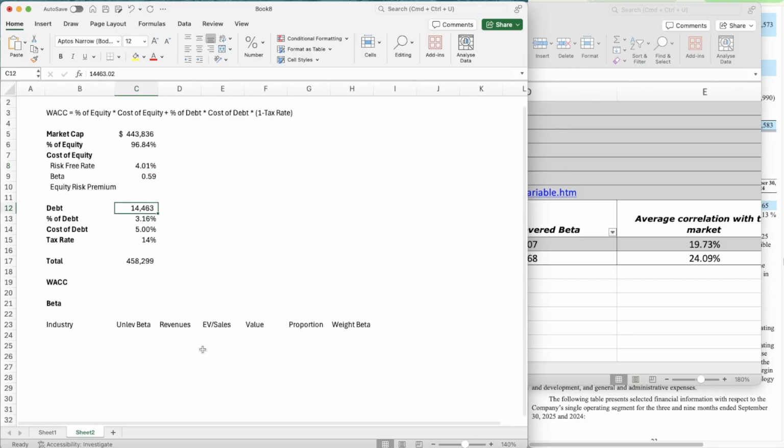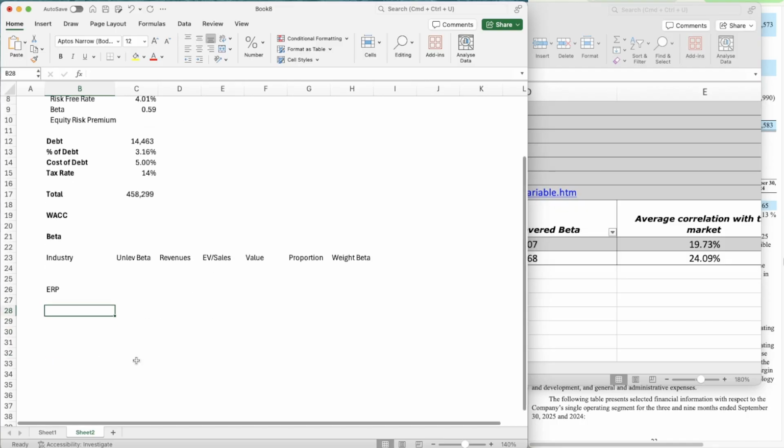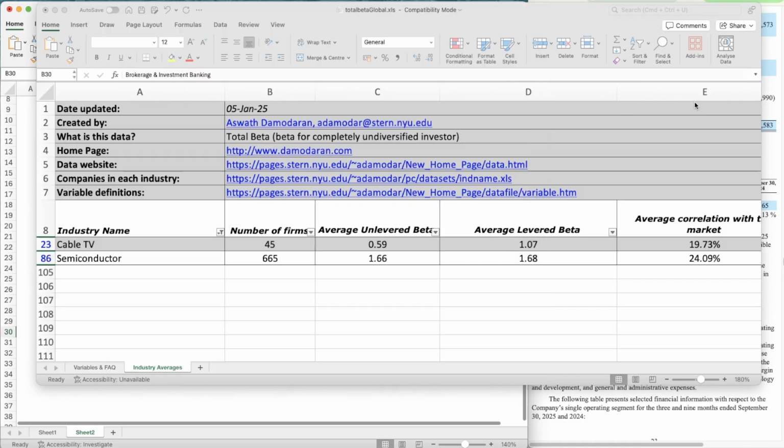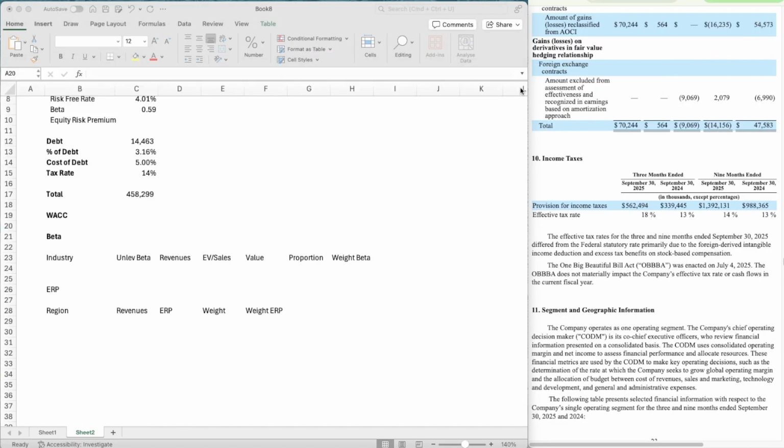Then equity risk premium. So ERP, we need region, revenues, ERP, weighted ERP. Yeah, let's take this down.